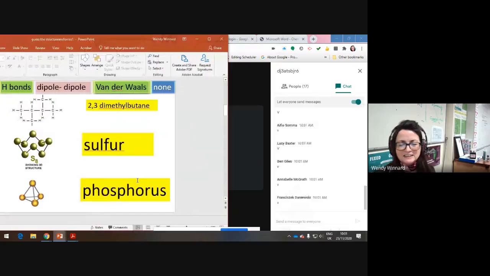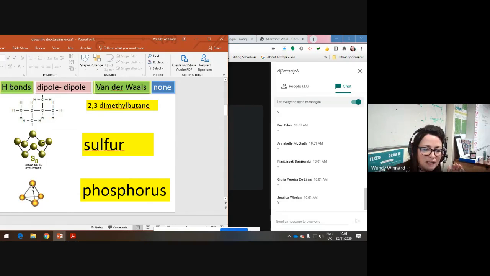Yep, because every phosphorus atom within that molecule, look, it's after me now, this balloon. Every single atom in that molecule has an identical electronegativity.